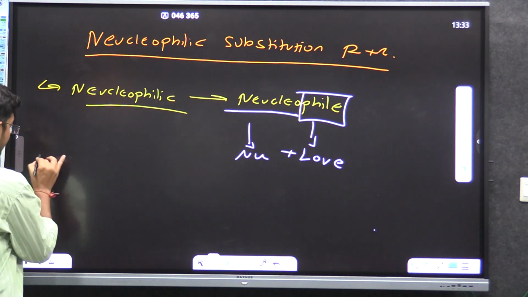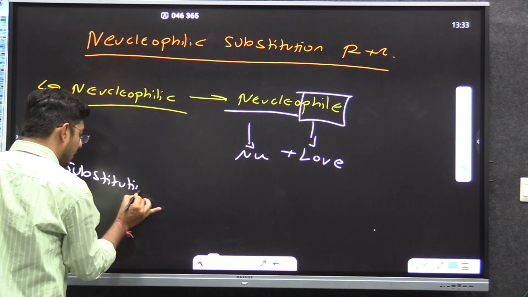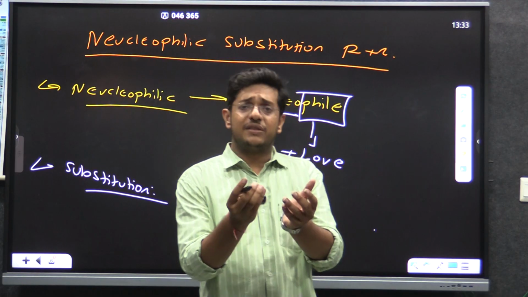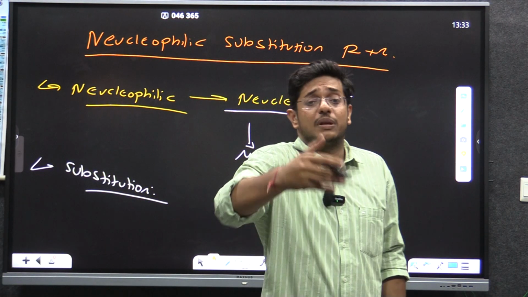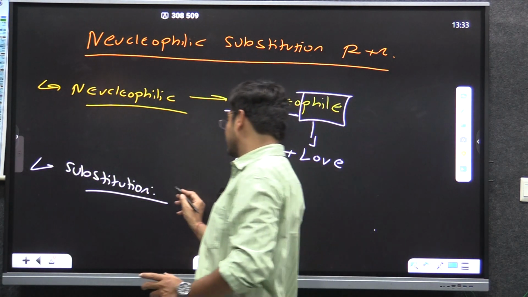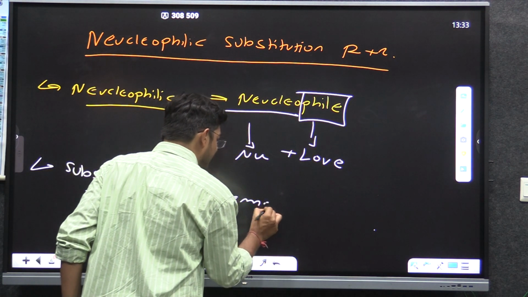Next is the term substitution. Now, what do you mean by the term substitution? Substitution is just a general term. When we say I want to substitute someone, this is known as substitution. In general terms, this is known as replacement of someone from something.